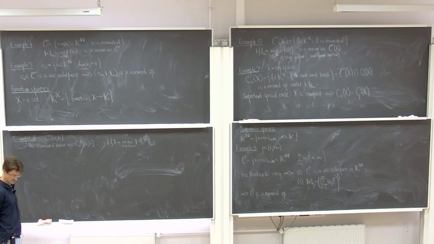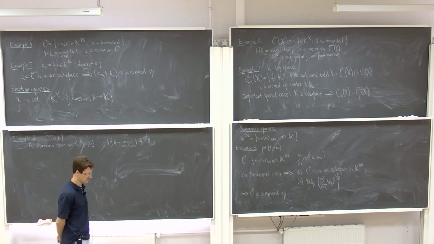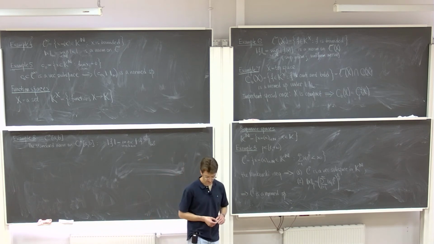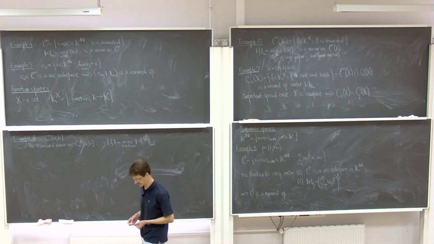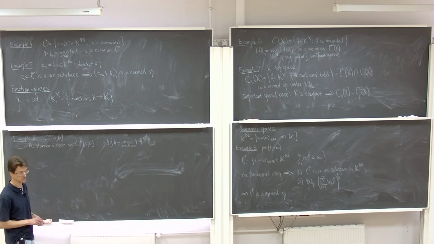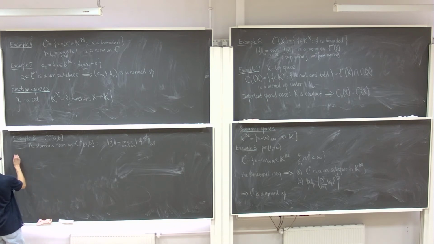Okay. Well, now before we proceed with examples, let's make a short digression and discuss a general construction which will enable us to construct normed spaces out of semi-normed spaces. So, a general construction.